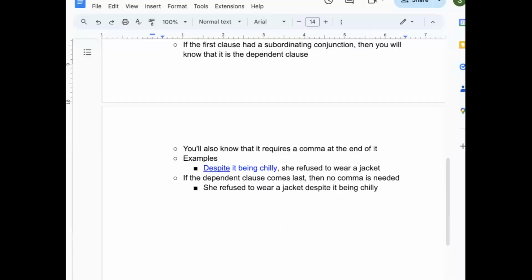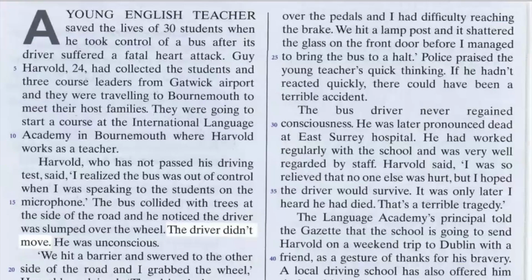Okay, so we're going to be looking at the article and we're going to write down these sentences, okay? We're going to do it rather quickly and we're just going to go over and make sure that you guys understand how to identify them, okay? Okay, perfect. So everybody looks like they're in there. Okay, so this was the article we were looking at, which you guys were supposed to look at for homework.